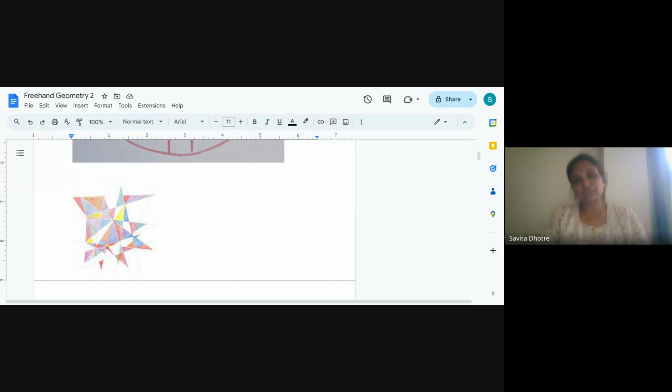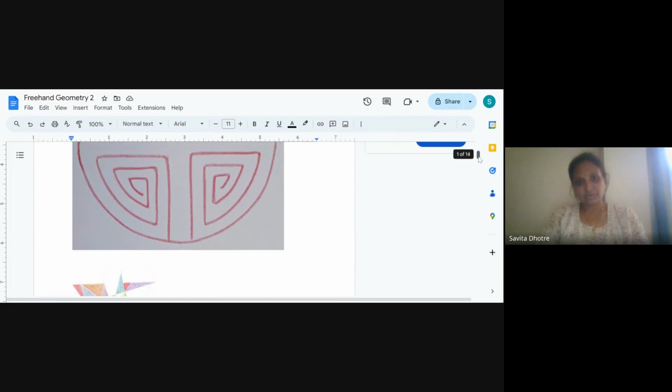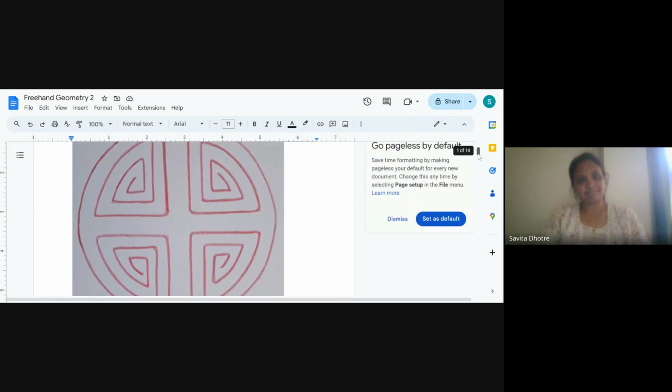And I looked in Pinterest for a lot of forms and I've started working around it. So every day we would do one form or two forms on an average. So this is one of the forms.